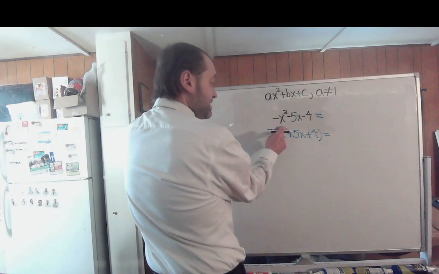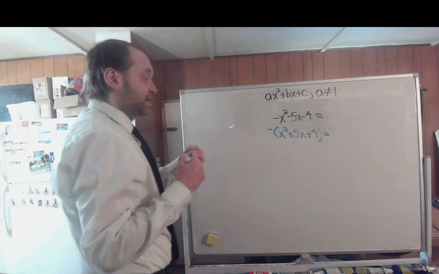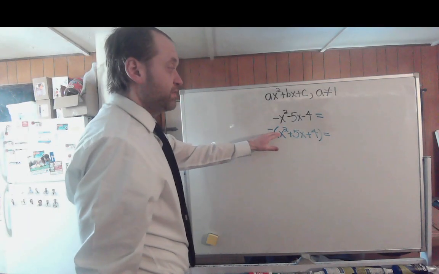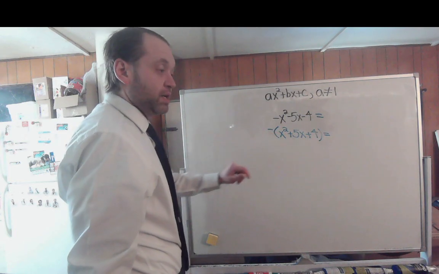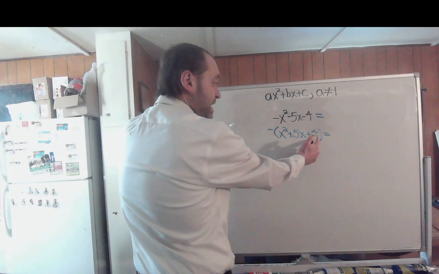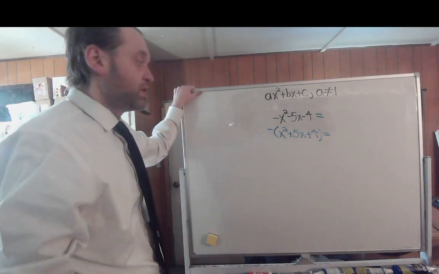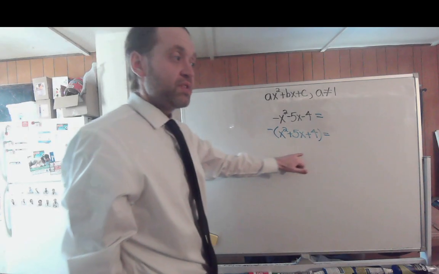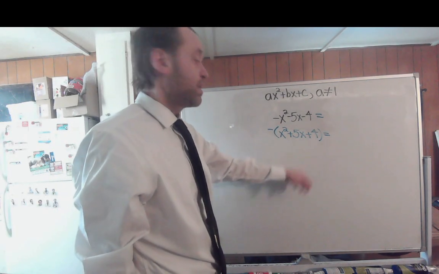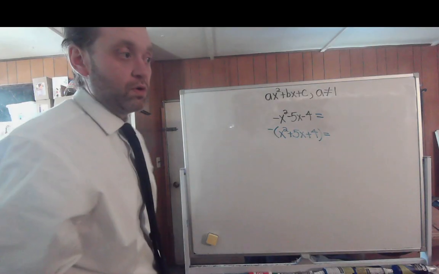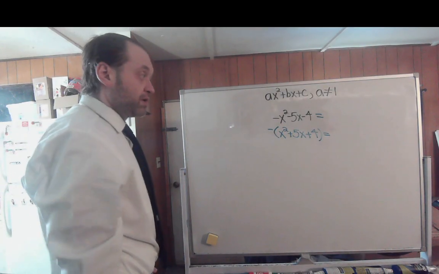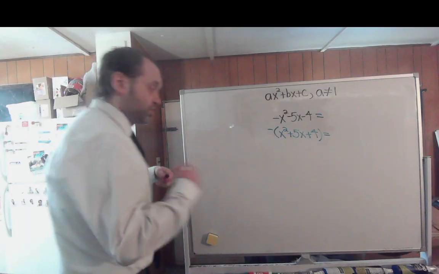Since the coefficient on the x squared term inside the parentheses is 1, we only got to worry about adding factors of 4 that would give you a middle coefficient of 5. And in this case, inside the parentheses, everything's positive, so you only got to worry about positive factors of 4. So if we add 1 and 4, you'll get a middle coefficient of 5.